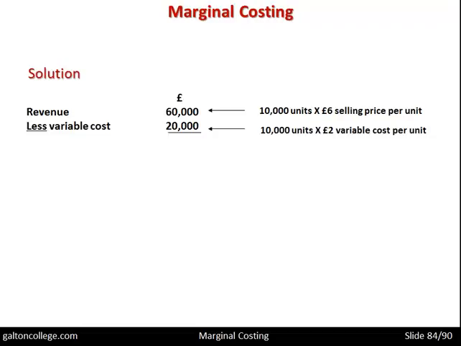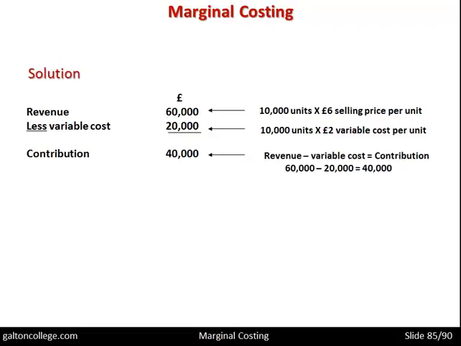Less variable cost, which is £20,000. The variable cost we were told was £2 per unit, and there were 10,000 units produced. So the contribution, in other words, is £40,000. So revenue minus variable cost is equal to contribution.